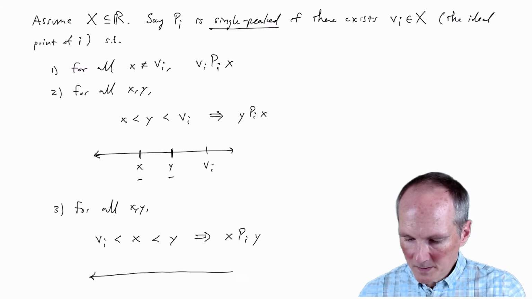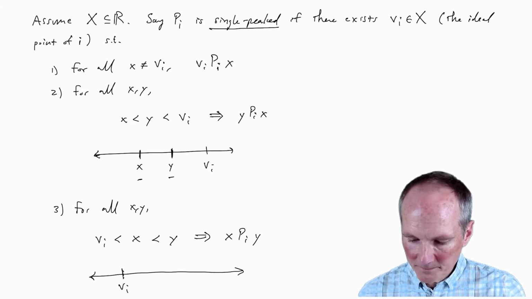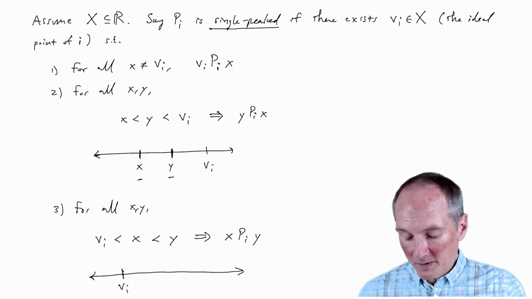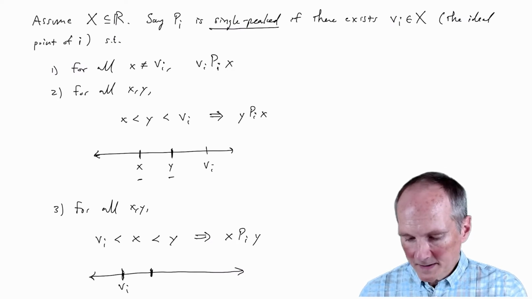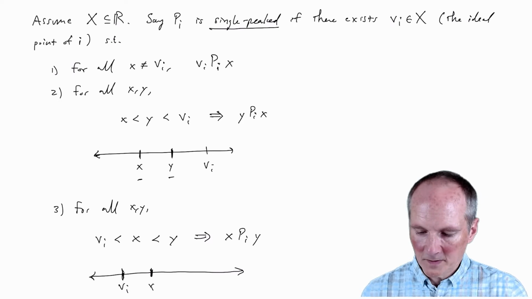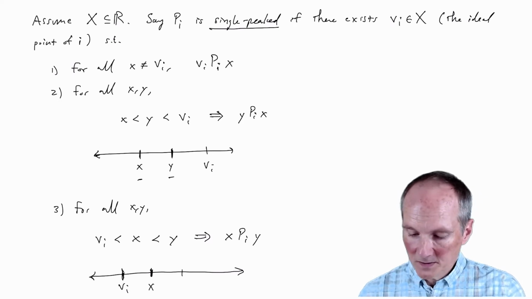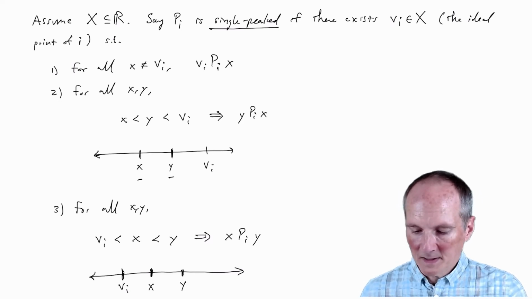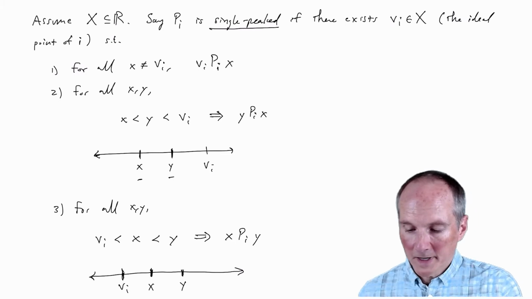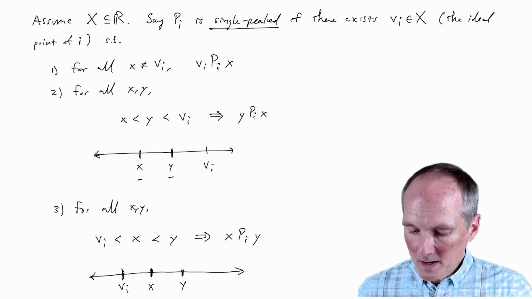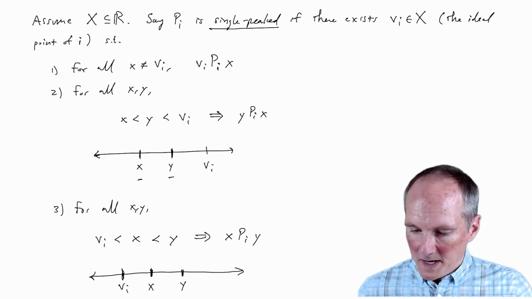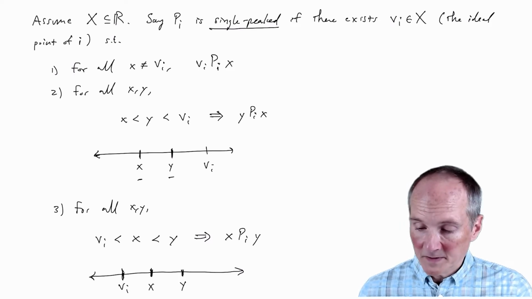Same idea, but now we're just pushing the alternative in the other direction. If we start at the ideal point and go to x, obviously that's not as good for the voter. And if we keep pushing to y, that makes the voter worse off. Okay, all right, that's the formal definition of single-peakedness.